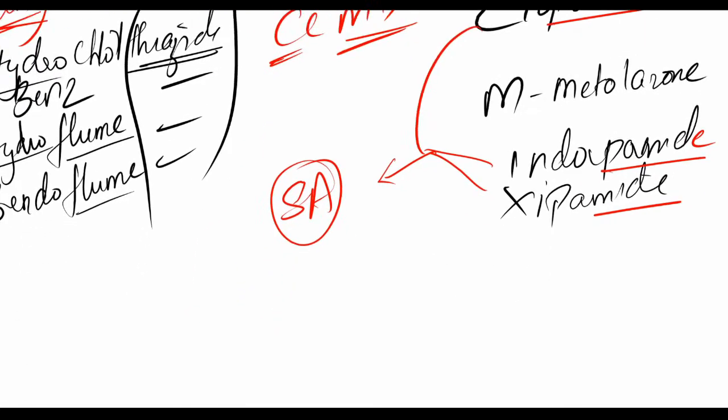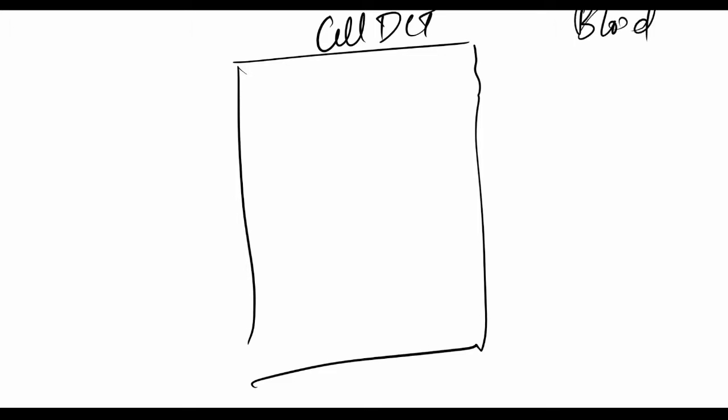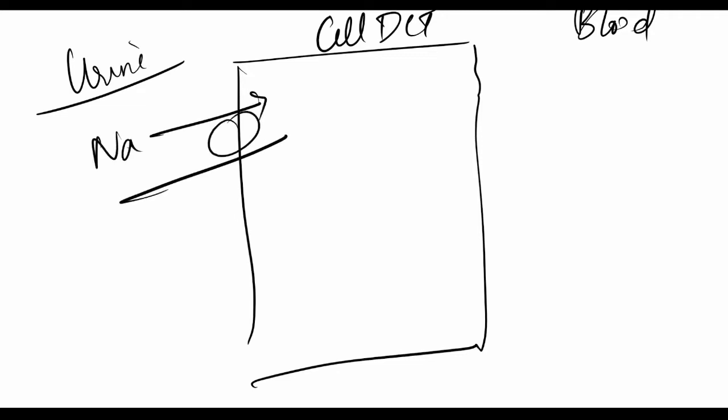The mechanism of action is by blocking the sodium chloride symport. Consider the cell of the DCT, blood, and urine. The sodium is taken in along with the chloride ion, and this sodium is exchanged out with the ATPase enzyme with potassium.